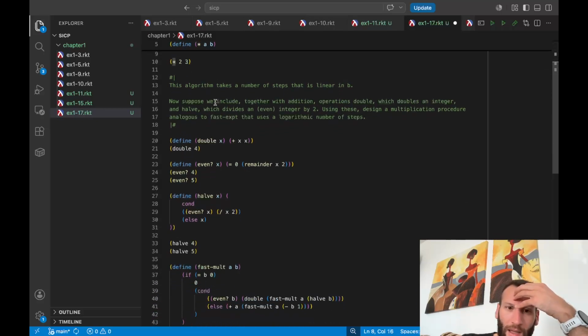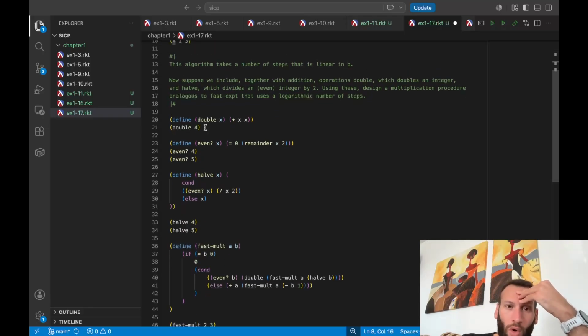Here I reported the text of the exercise. I started with the definition of double. Of course, I don't use the star, the multiplication sign, and I use the addition.